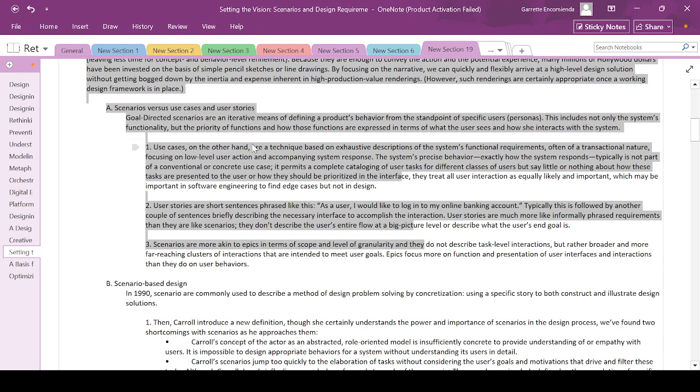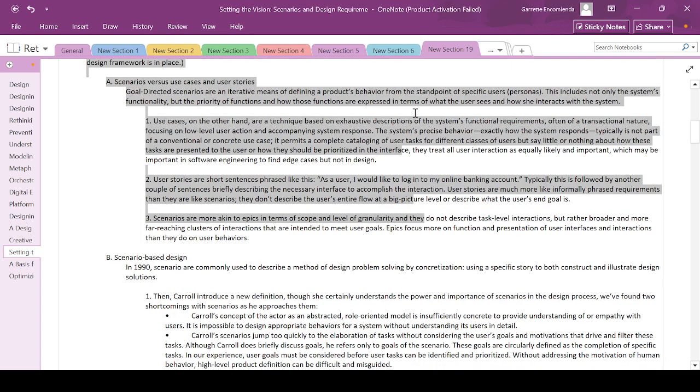So, scenarios versus use cases and user stories. Goal-directed scenarios are an iterative means of defining a product's behavior from the standpoint of specific users, personas.